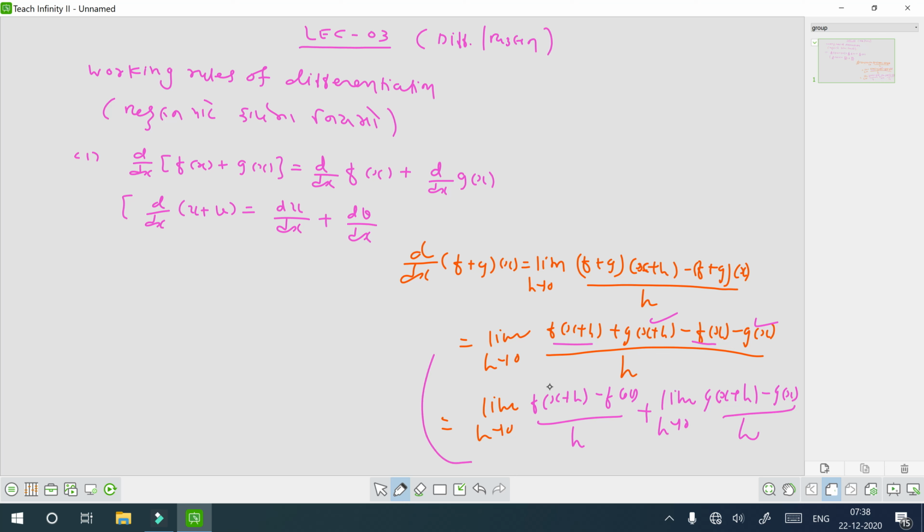What is this one? It is d by dx of f(x), and this limit is d by dx of g(x).